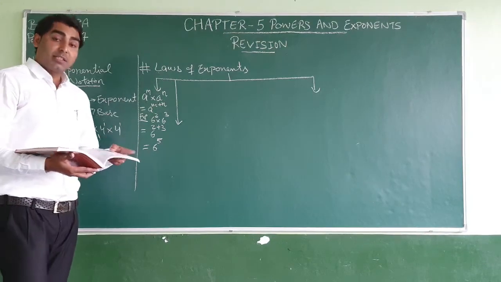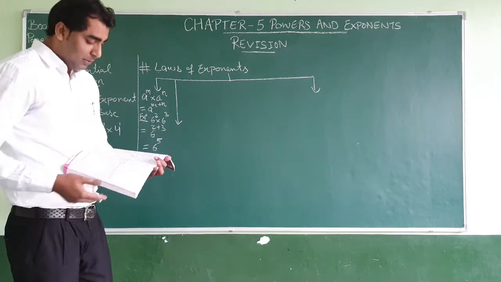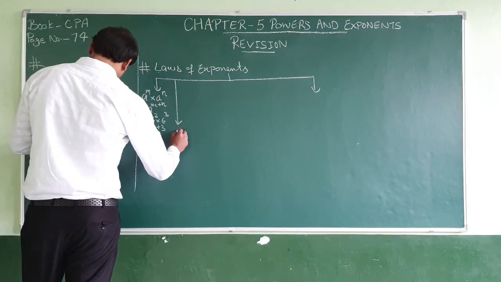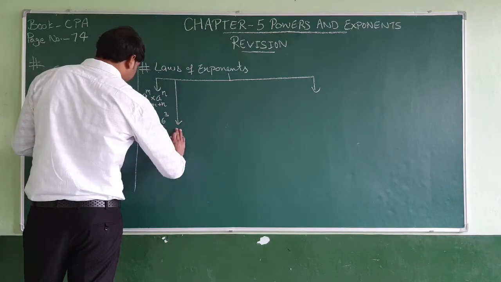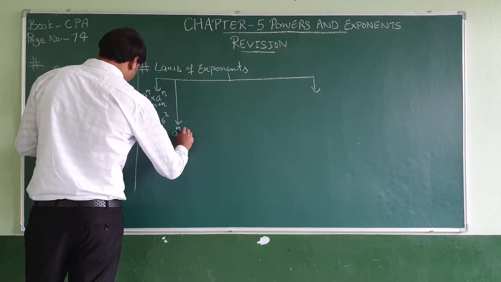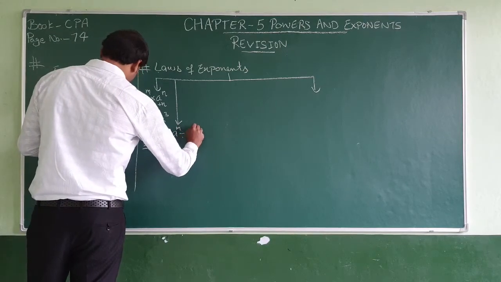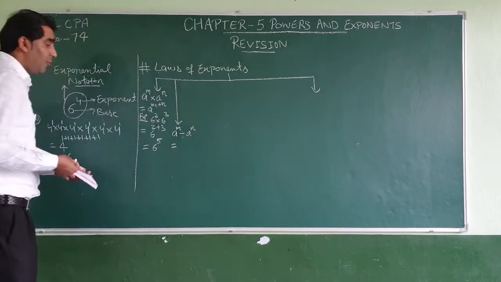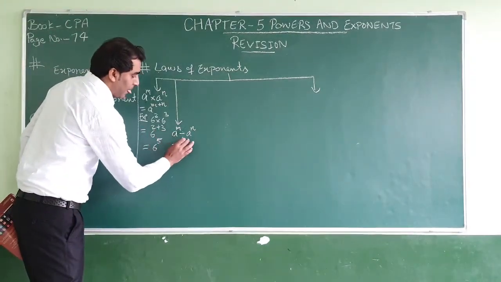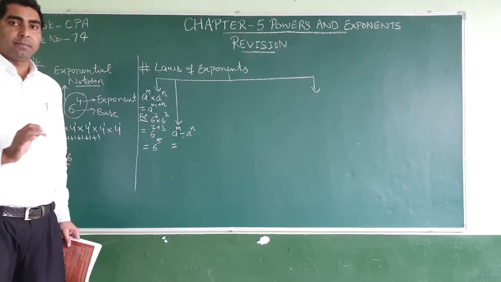The second law is dividing numbers with the same base: a power m divide a power n. The bases are the same, but the exponents are not the same.